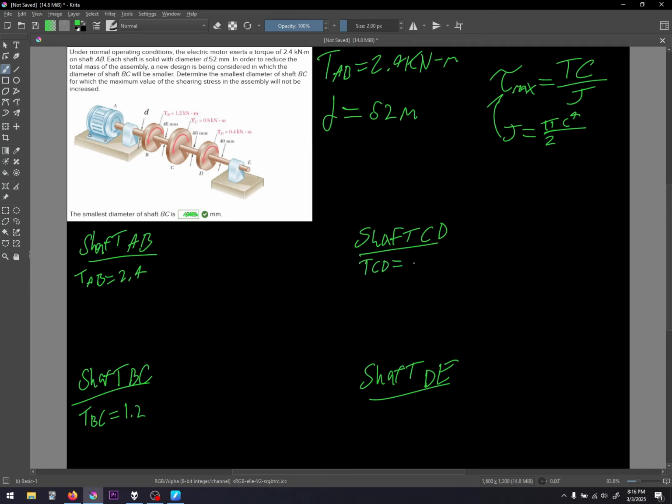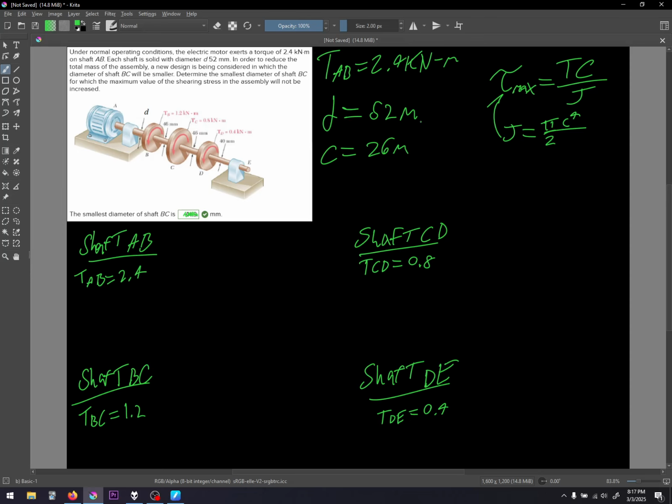TCD equals 0.8, and then TDE equals 0.4. And we know that the diameter is 52, so C then equals 52 divided by 2, which is 26.